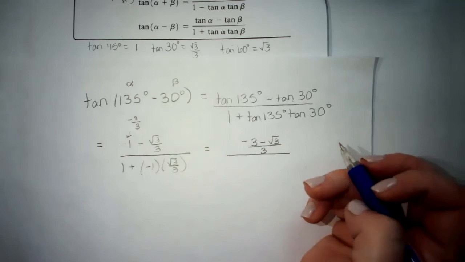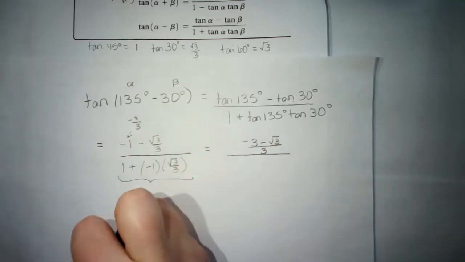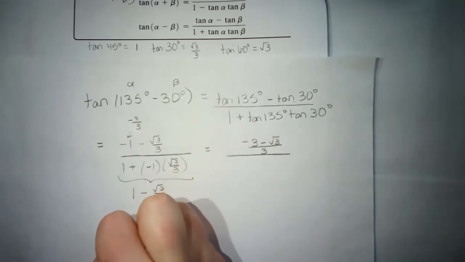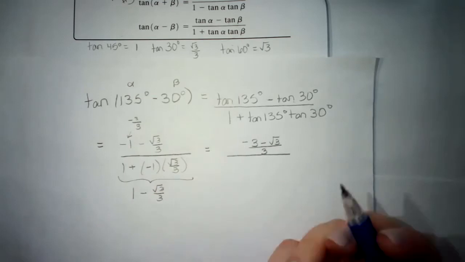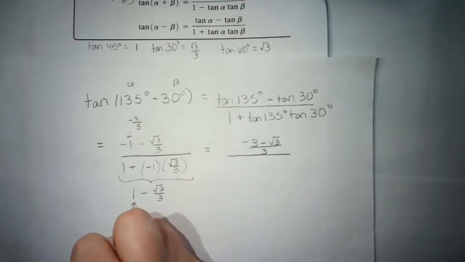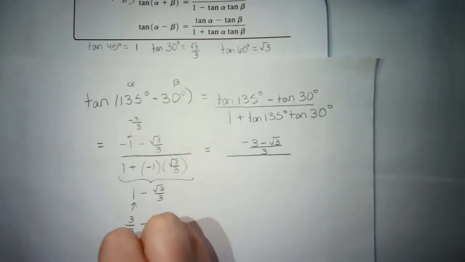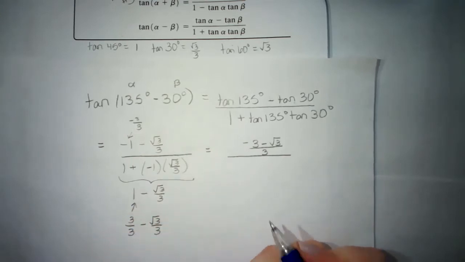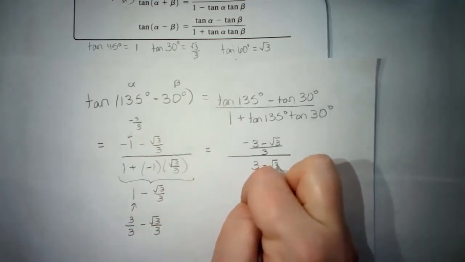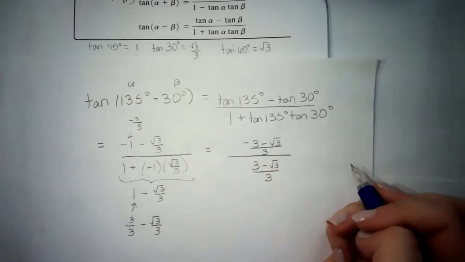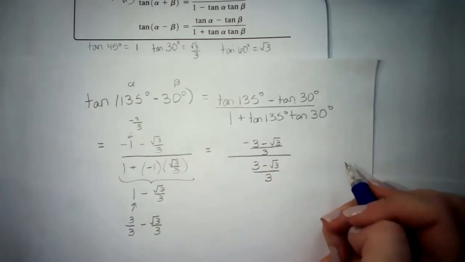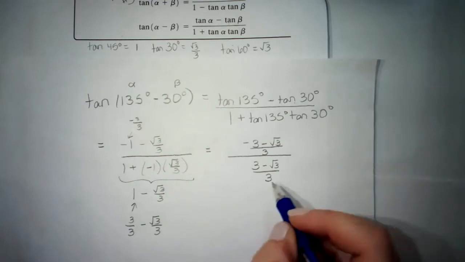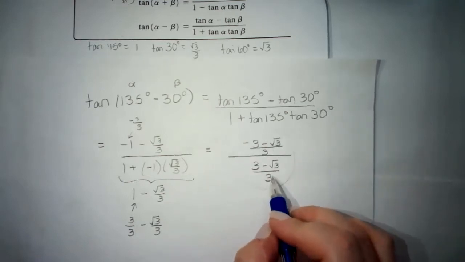Down here in the bottom, what I've got is 1 minus root of 3 over 3. I just chose to put it all in one step, so this is going to be 3 minus root of 3 over 3. Everybody with me so far? Now, does anyone see a way I can reduce this guy?